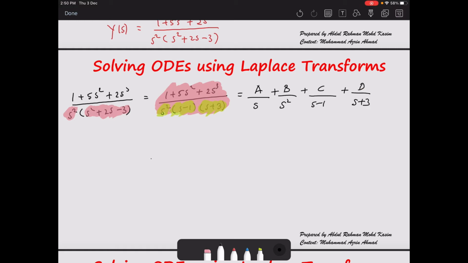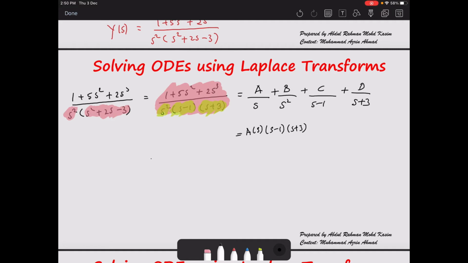Okay, for this one, what you need to do is cross multiplication to make the denominator equal. So you will have for this one A must be multiplied with s, and then must be multiplied with s minus 1, s plus 3.